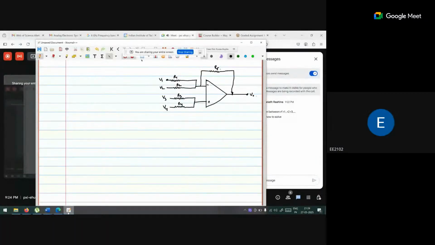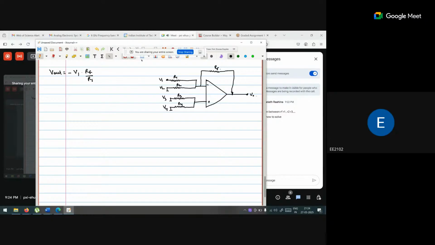Yeah, now the screen is visible. So if we consider V1, the remaining voltages will be grounded, this one is grounded, this one is grounded, and this one is grounded. So the equation is V out equals minus V1 into RF by R1.